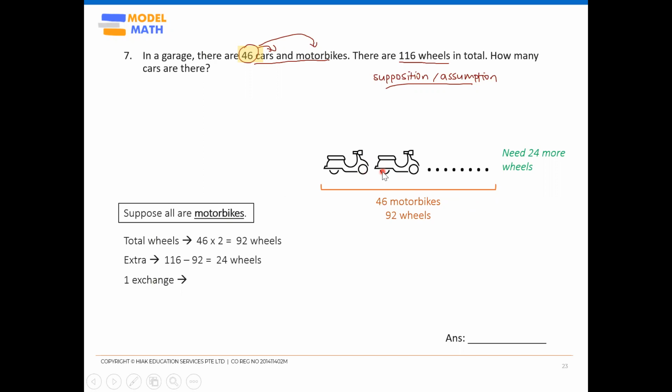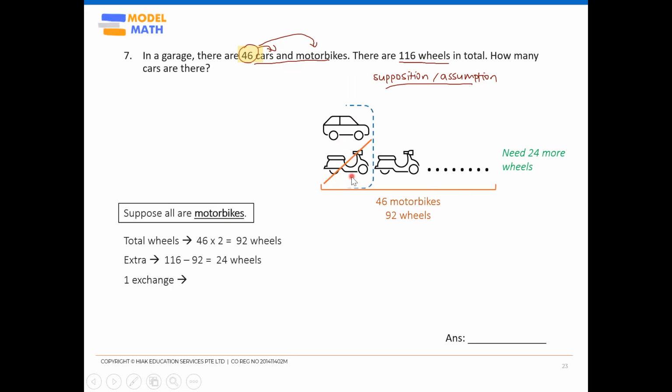Now, how to show one exchange? You simply strike off a motorbike and replace it with a car. Students, when you do the exchange, you don't have to draw out a car and a motorbike. Just put a C and circle it to represent a car alone. Okay, so you have a car here.